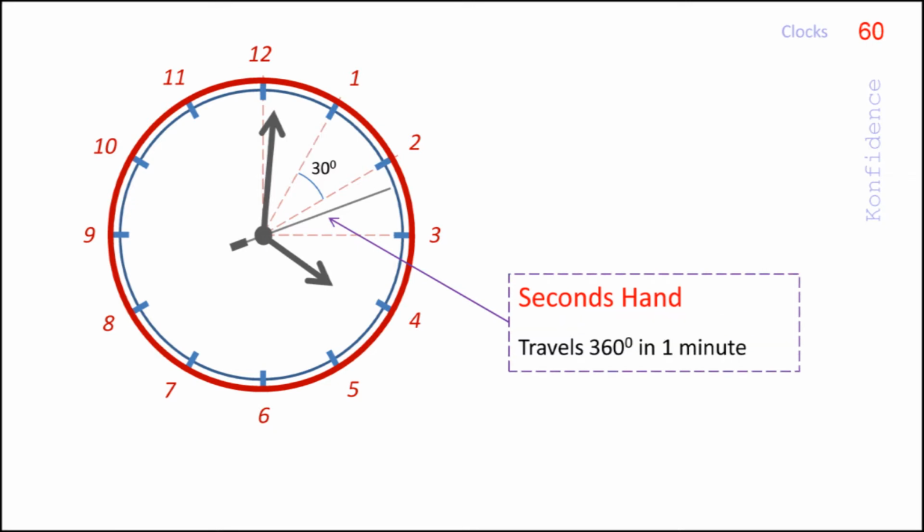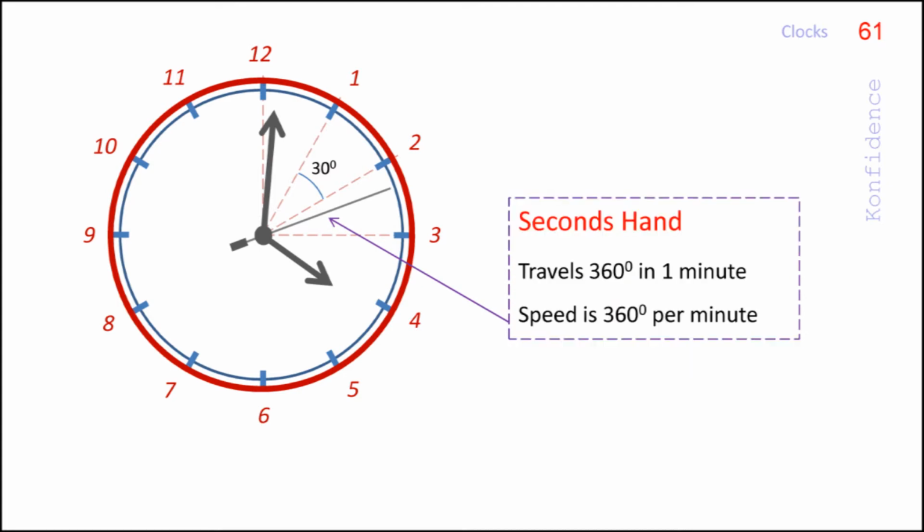So, it moves 360 degrees in 1 minute. So, the speed of the second hand is 360 degrees per minute. So, imagine the angle traversed in an hour. It spins 60 times around the dial in an hour.